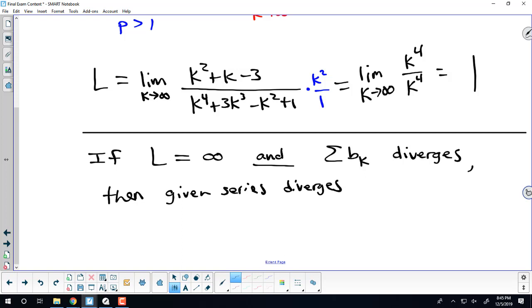If the limit is infinity and b sub k converges, then it's inconclusive. You'd have to either choose a different b or a different test at that point.